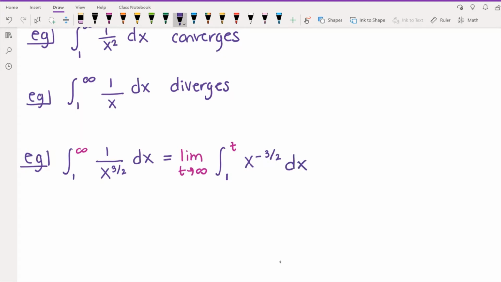So what's our antiderivative going to be? Well, we would add 1 to negative 3/2, and that's negative 1/2. So we still have the limit, and then the antiderivative here is x to the negative 1/2, and then we multiply that by the reciprocal of negative 1/2, which is negative 2. And we're evaluating this at t and at 1.